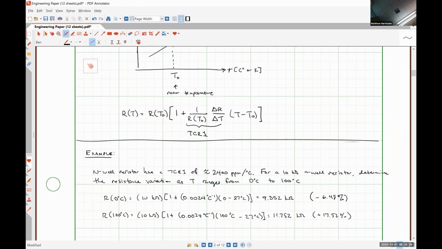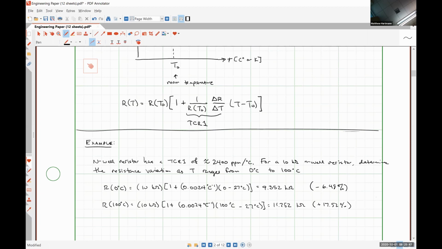So the variation is actually pretty large, plus or minus pretty close to 25% swing over this 100 degrees C interval. So we can see that the resistance of an N-well resistor can change pretty drastically based on its operating temperature conditions, which for, again, analog applications may not be the best idea, right? If the value of the feedback resistors and things like that is critically important, having this large of a change just due to the environment that the chip is going to be in could be very detrimental to the operation.